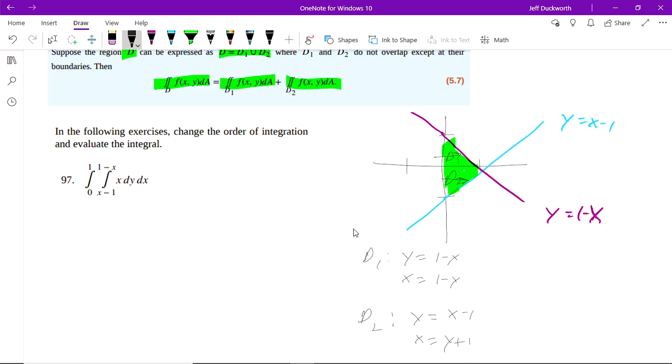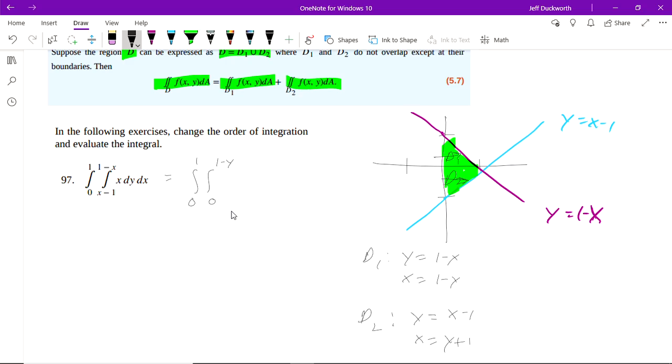So this is going to equal, we're going to go from... it's going to look like that.